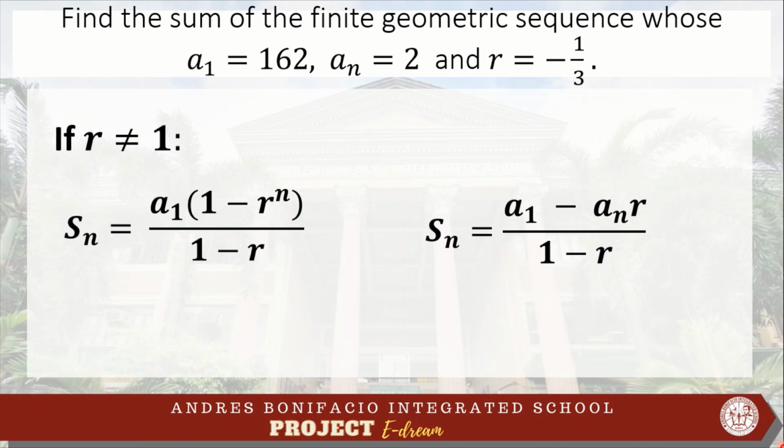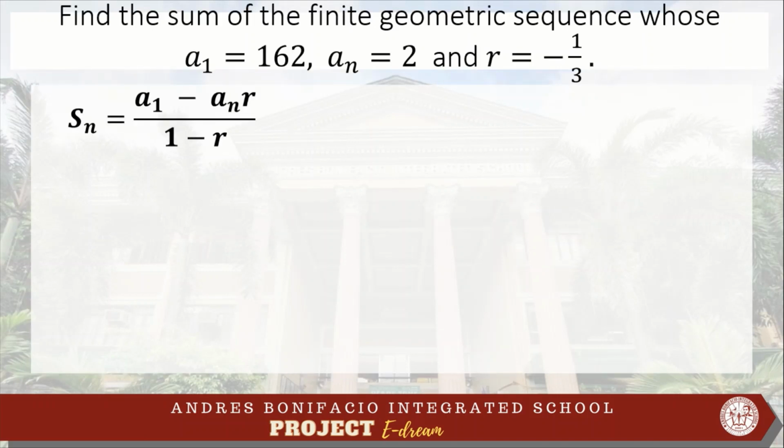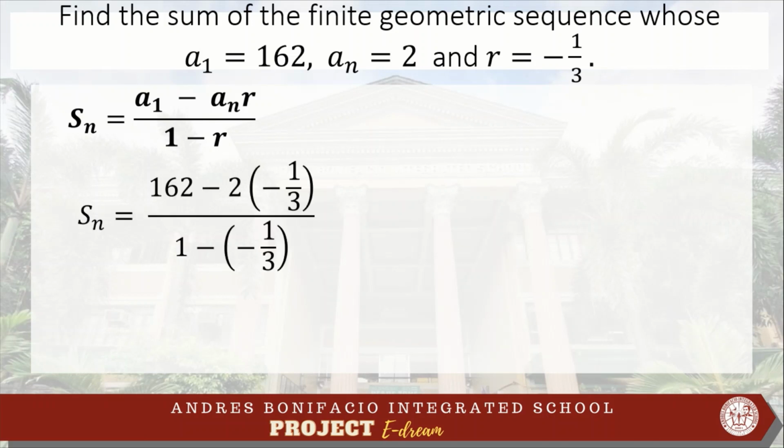But since in our given problem, the first term, the common ratio, and the last term are given, we will be using the second formula, and that is S sub n is equal to a sub 1 minus a sub n times r all over 1 minus r.